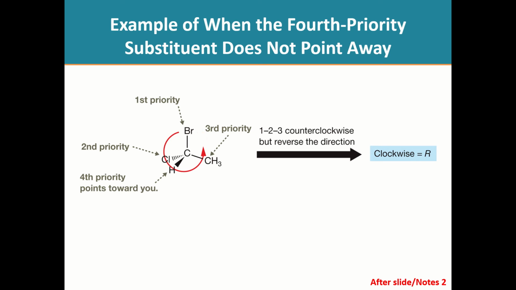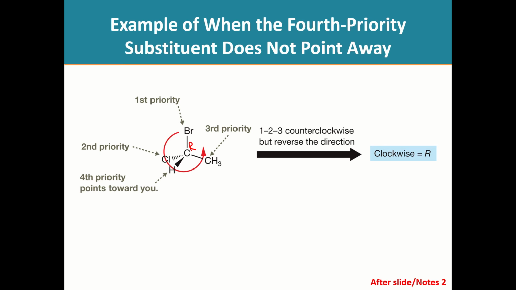So we know that this has an R configuration. Yes, the way I'm tracing it through the priorities 1 through 3, that's going counterclockwise, and that is an S, that is true, but because we're violating step 2, we just take the opposite of what we just calculated. So that is an R.